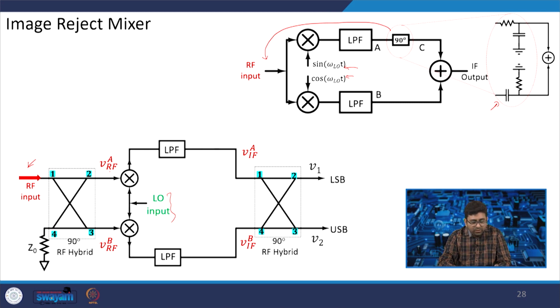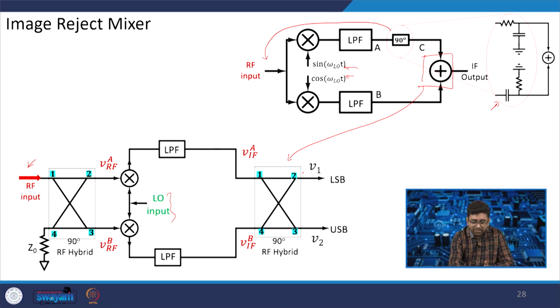Now, when you want to do the addition, this adder is also replaced by the coupler. The coupler here will also be used to do the addition of the two signals, and we have already seen in the last class that B1 or B2 is a combination of the signals at port 1 and port 2.